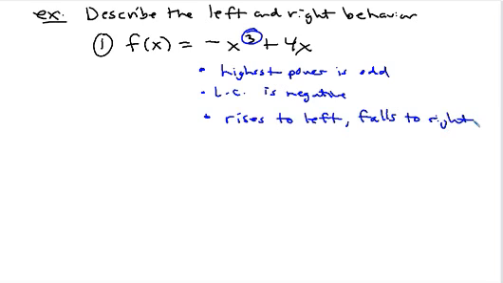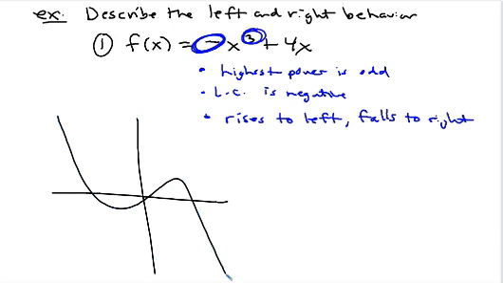And you can confirm that with your graphing calculator. The leading coefficient is negative, and the highest power is odd. We're not sure what all it does in between, but we do know that it rises to the left and falls to the right.